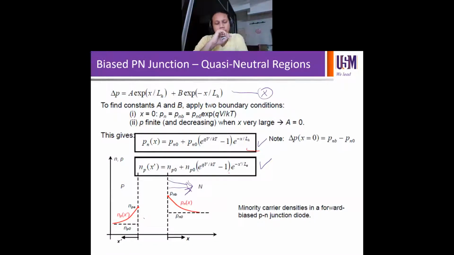So on the left hand side, the calculation will be given by np(x'), if you like, prime. That's given by np0 that you have calculated at thermal equilibrium plus np0 times exponential of qV over kT minus 1, the same equation, right?